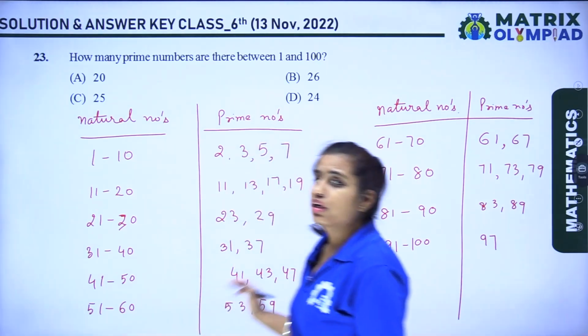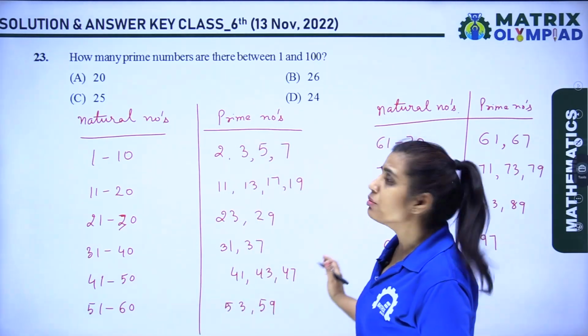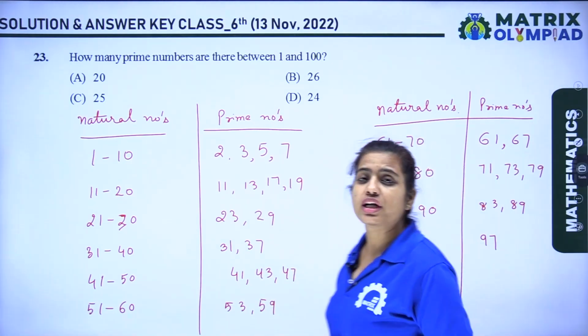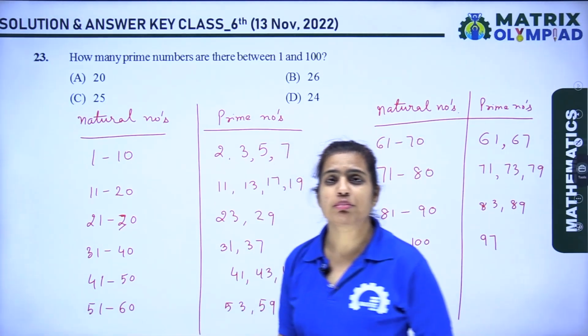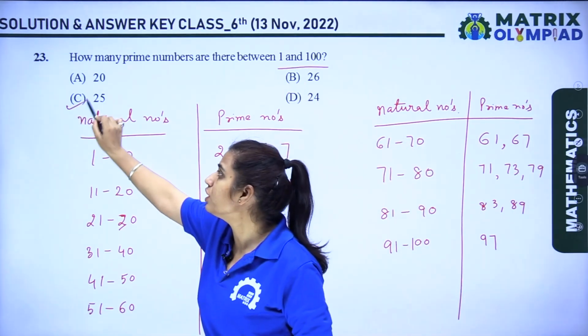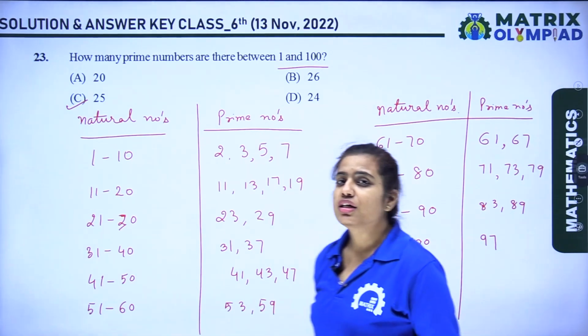So, these are all the prime numbers that come in between 1 to 100. Let's count all the numbers. So, there are 25 prime numbers between 1 and 100. So, the correct option is option C.